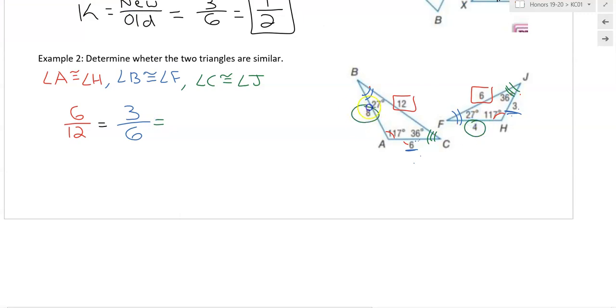And then we have our remaining numbers 4 and 8. And when I simplify these, I have 1/2, 1/2, and 1/2. Right? My fractions are all the same.